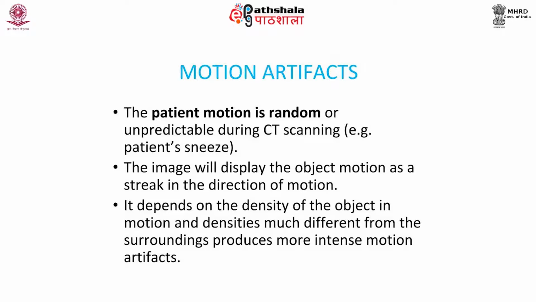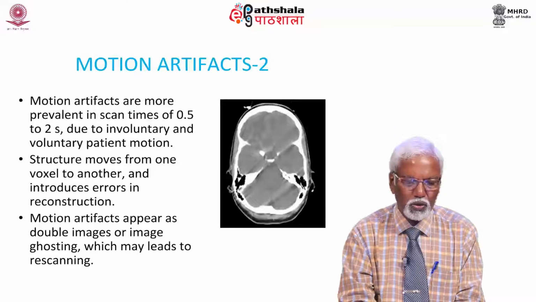Patient motion is random or unpredictable during the CT scan. The image will display the object motion as a streak in the direction of motion. It depends upon the density of the object in motion, and density much different from the surrounding produces more intense motion artifact. This picture shows the motion artifact caused in a patient.